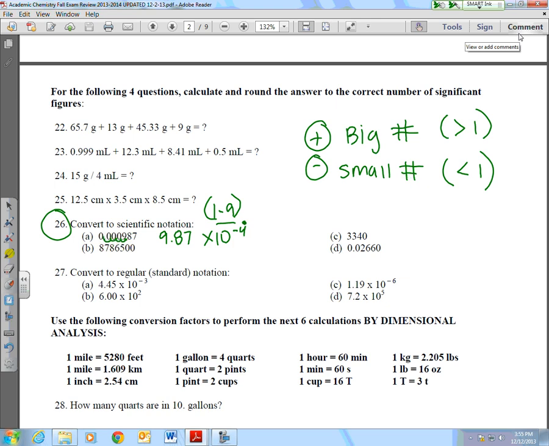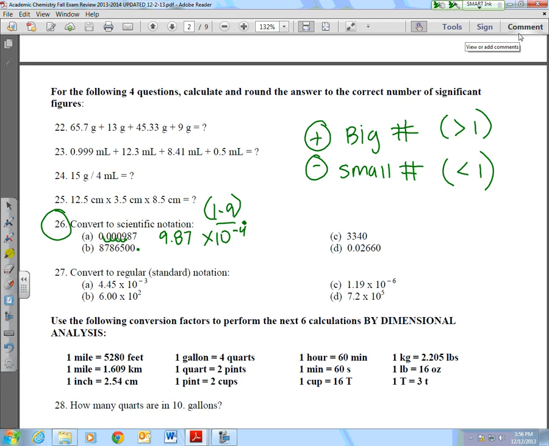Okay, so let's do B. All right, does everyone see how B would be a really big number? So this would be a positive exponent, okay? Now, oh, here's a good question. For B, where is my decimal at? Okay, at the end. Believe it or not, I get asked this a lot. So if the decimal's not already there, kids will be like, where's the decimal? At the end.